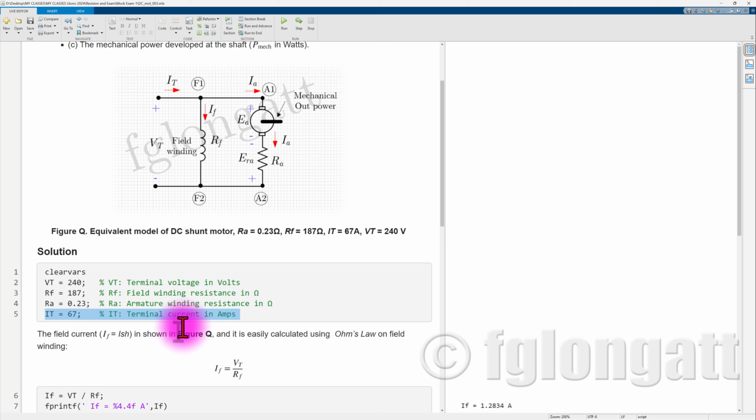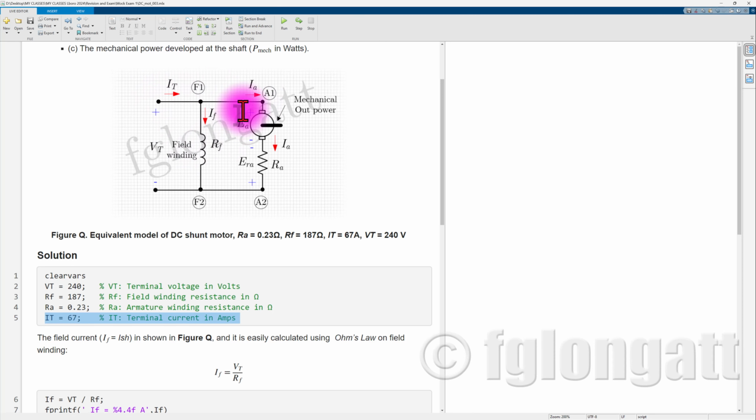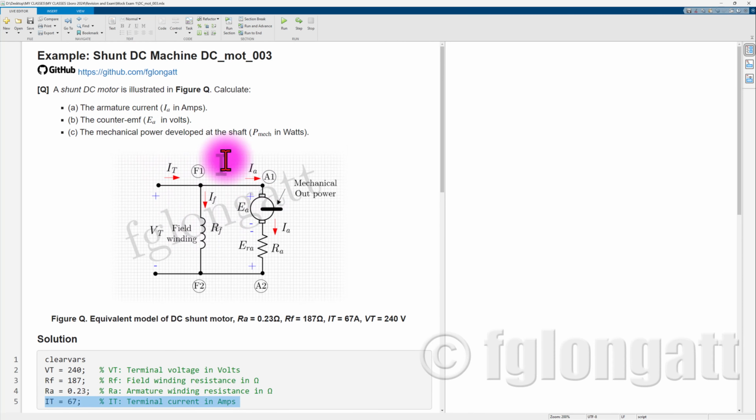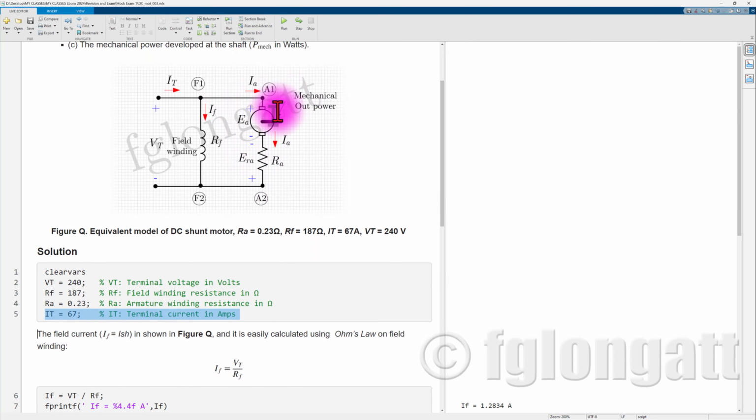To solve this problem, we know the terminal current, and the first question, question A, is related to the armature current. To obtain the armature current, we first need to calculate the field winding current. The field winding current is extremely simple because we can apply Ohm's law.